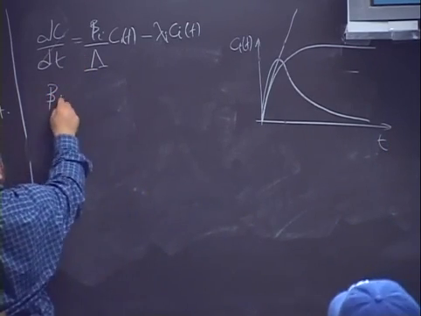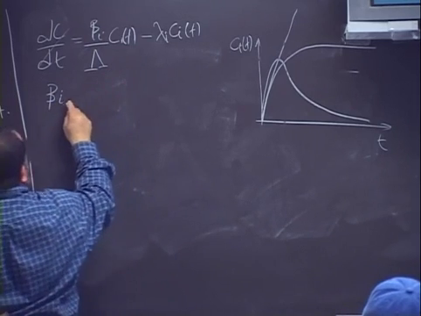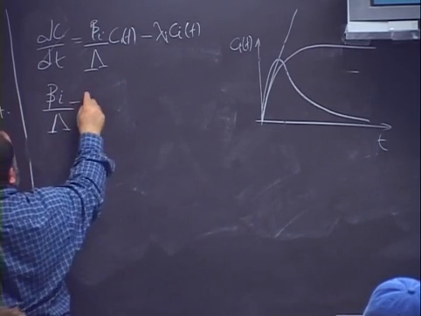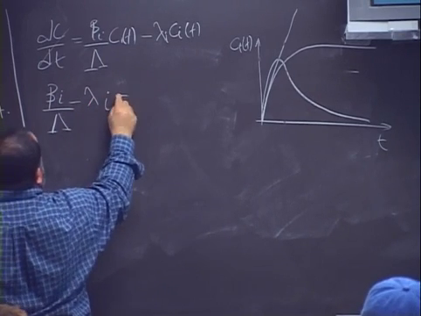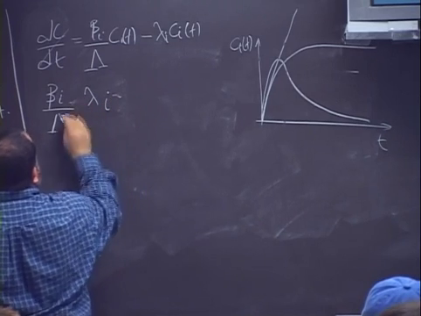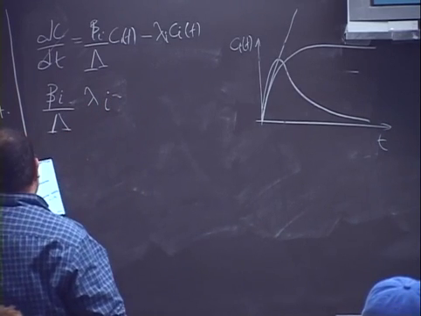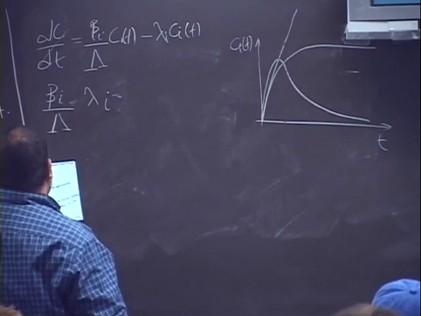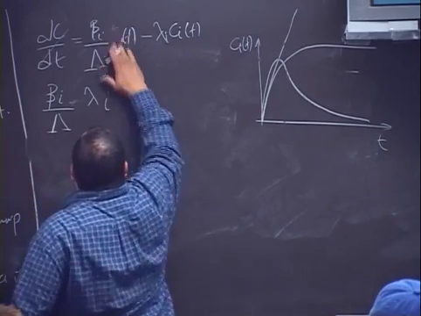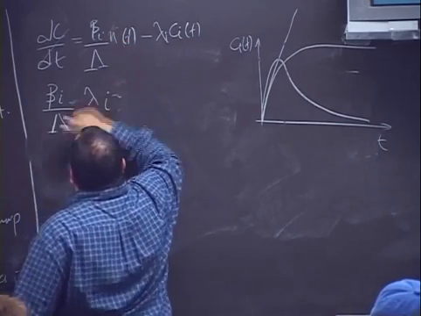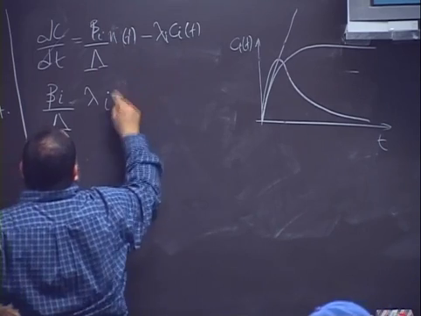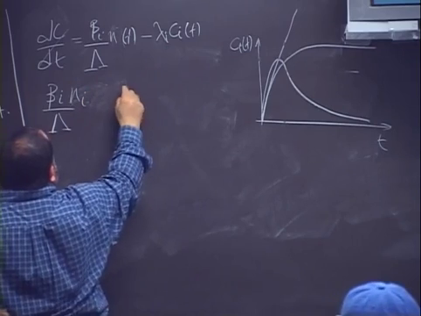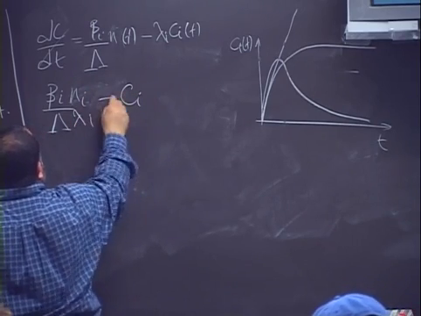So you will have beta i over gamma i times n minus lambda i Ci equal to 0.